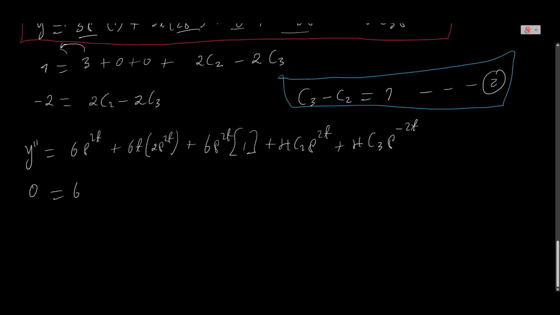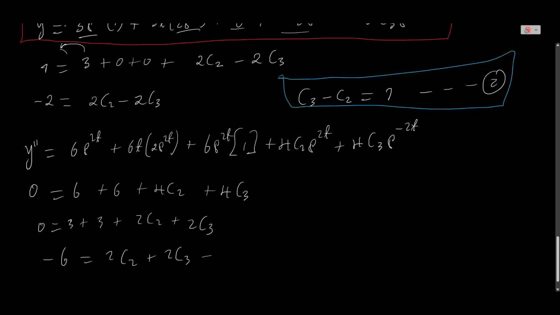This will be 0 because t is 0, then plus 6 plus 4c2 plus 4c3. We already see here that 2 is common, so 0 should be equal to 3 plus 2c2 plus 2c3, and this will be minus 6 to be 2c2 plus 2c3. This is our third equation.